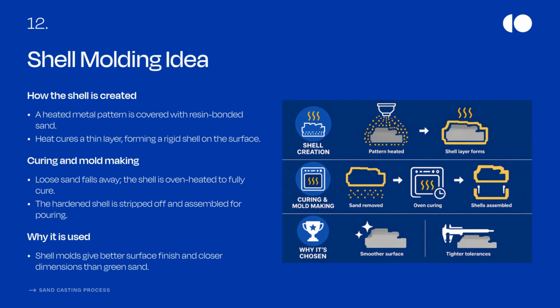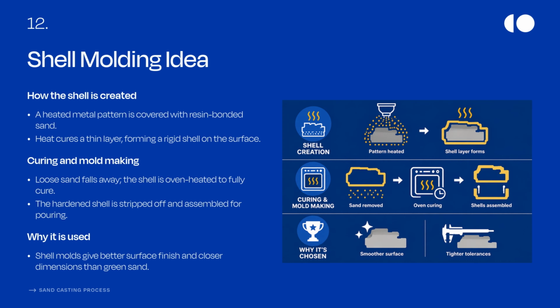Shell molding idea: how the shell is created. A heated metal pattern is covered with resin-bonded sand. Heat cures a thin layer, forming a rigid shell on the surface. Curing and mold making: loose sand falls away.